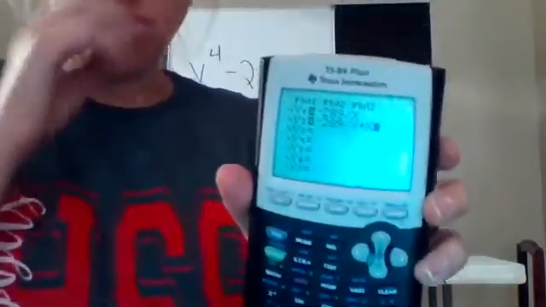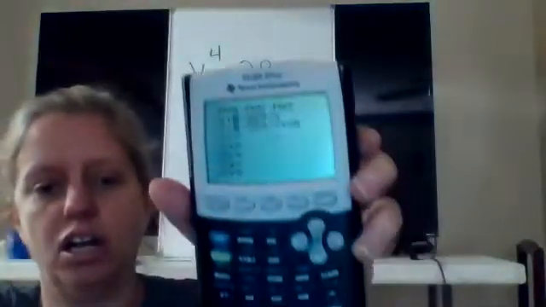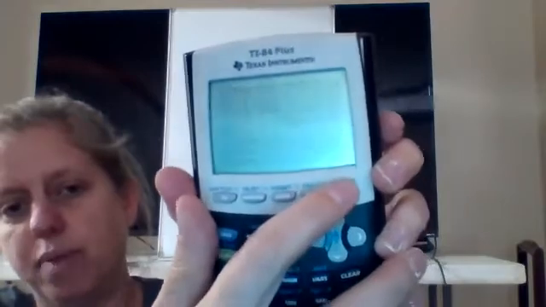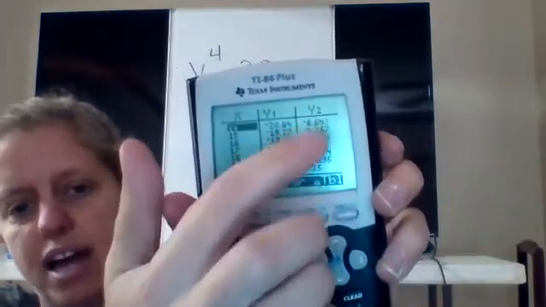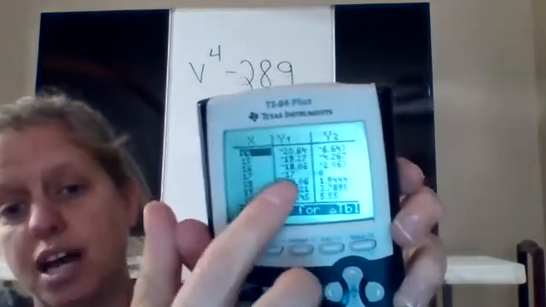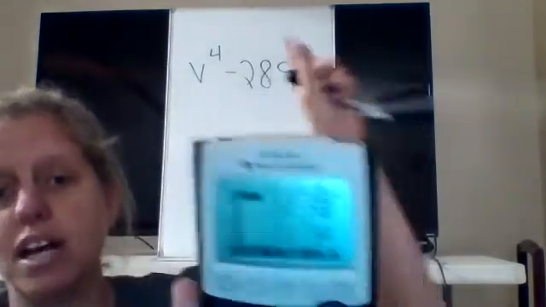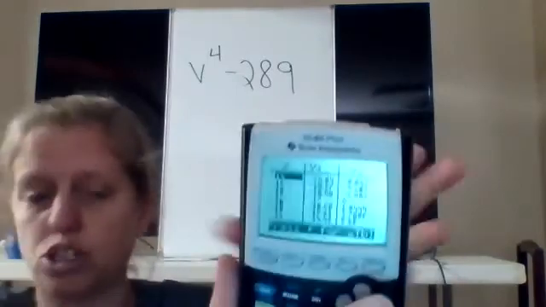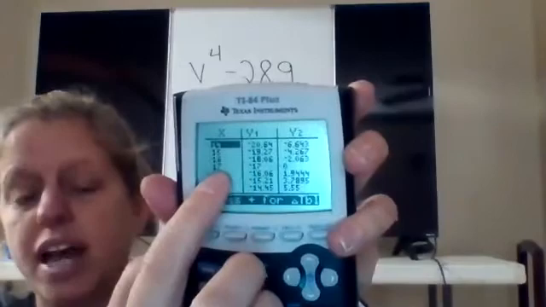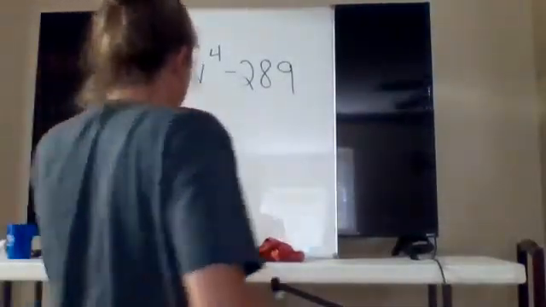So what am I going to be looking for in my last column? Once I hit second and hit this table button, over here in my last column, I'm looking for that 0, right? Because I need the 2 numbers to cancel each other out since there's not a middle term that they're supposed to add to. So look at this, negative 17 and positive 17, which means 289 is a perfect square.